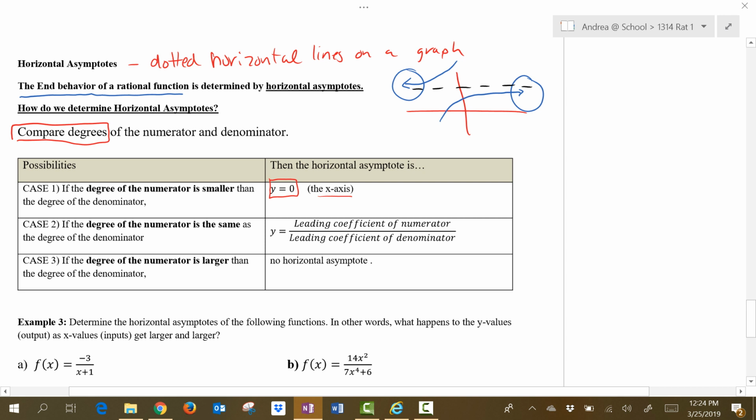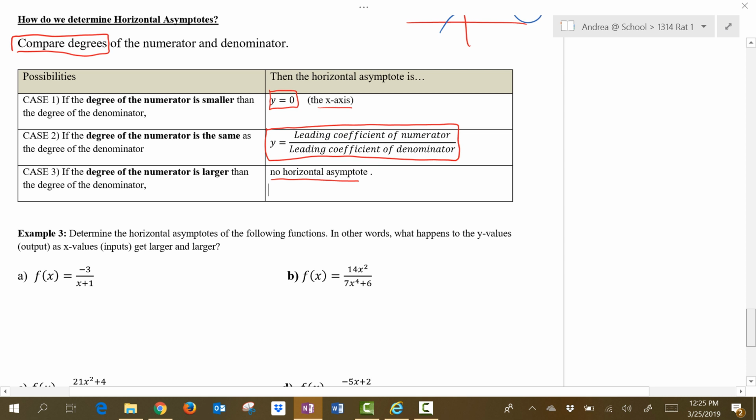Case 2, if the degree of the numerator is exactly the same as the degree of the denominator, then we will form a fraction of the leading coefficients. So the answer will be the horizontal line y equals the leading coefficient of the numerator divided by the leading coefficient of the denominator. Case 3, if the degree of the numerator is larger than the degree of the denominator, then there is no horizontal asymptote.